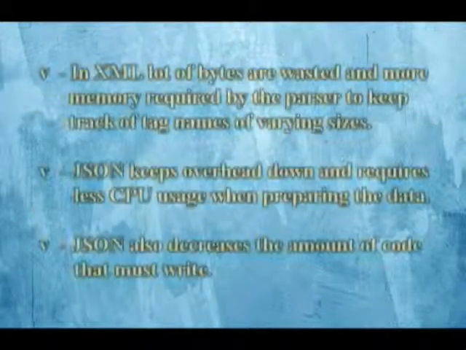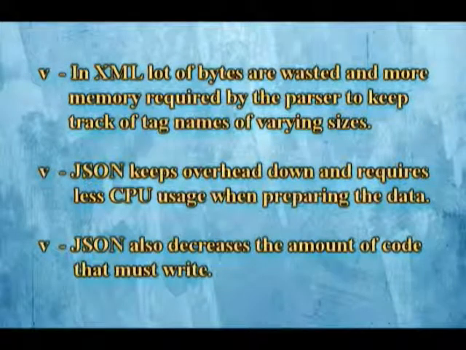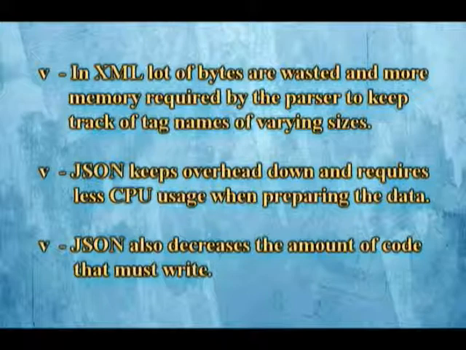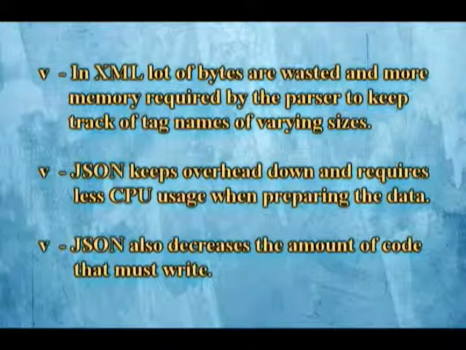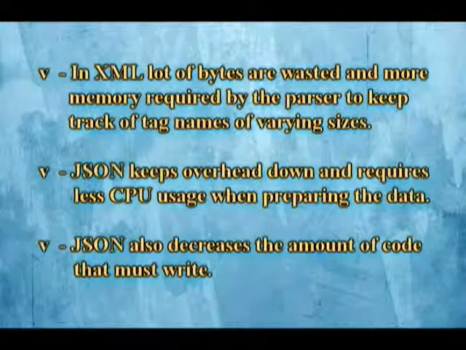In XML, a lot of bytes are wasted and more memory is required by the parser to keep track of tag names of varying sizes. JSON keeps overhead down and requires less CPU usage when preparing the data. JSON also decreases the amount of code that must be written.